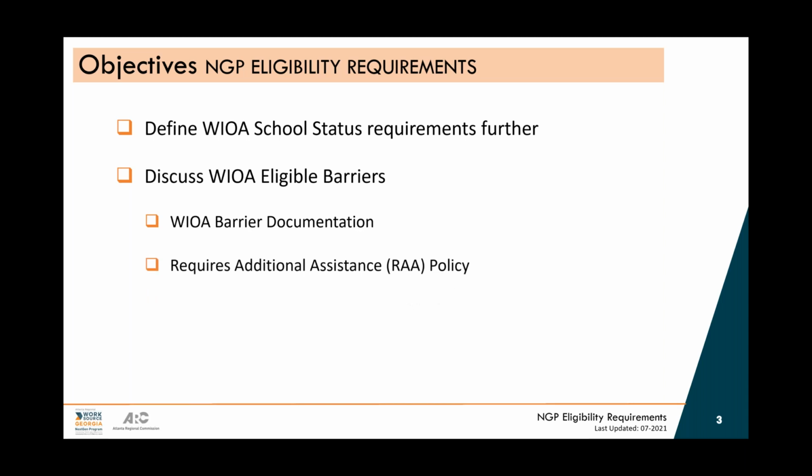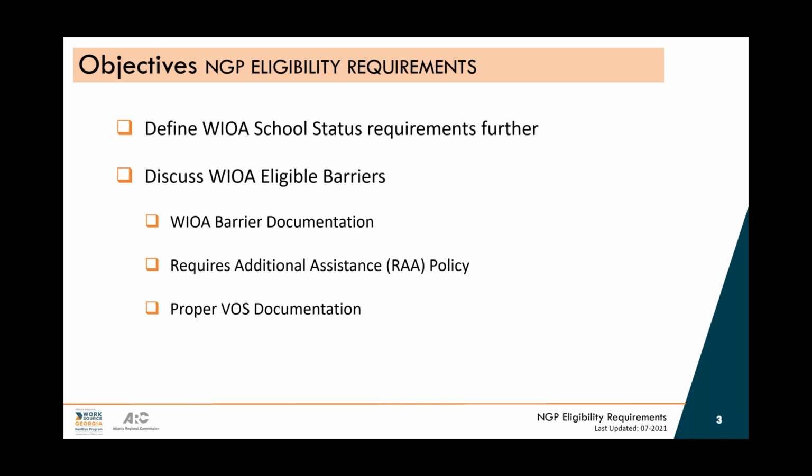We'll go more into the requires additional assistance barrier, which is specific to a policy that the Next Gen program puts together. And then, of course, there is a bunch of other documentation that has to happen, not only uploading some other documents like the age requirement and citizenship, but also starting out the VOS account.